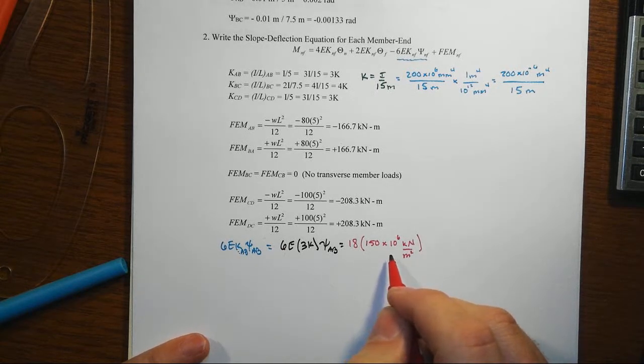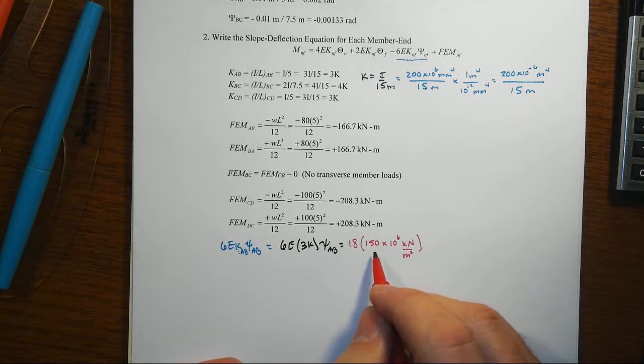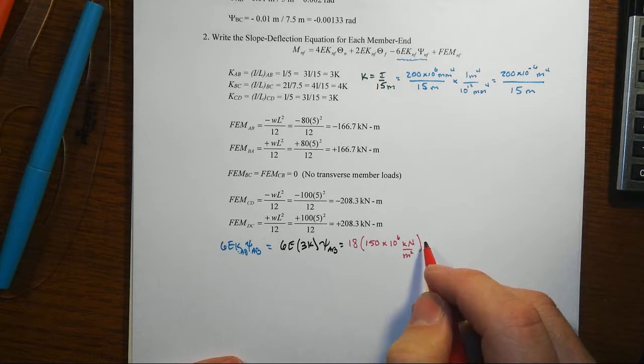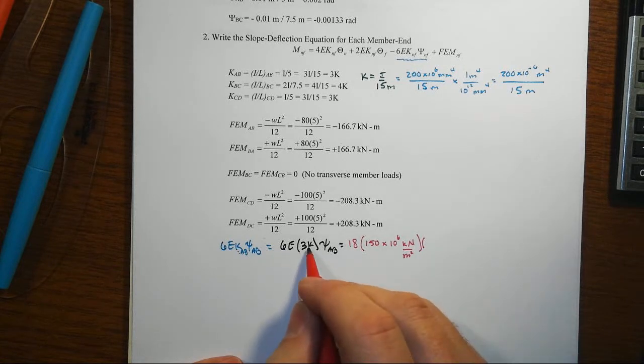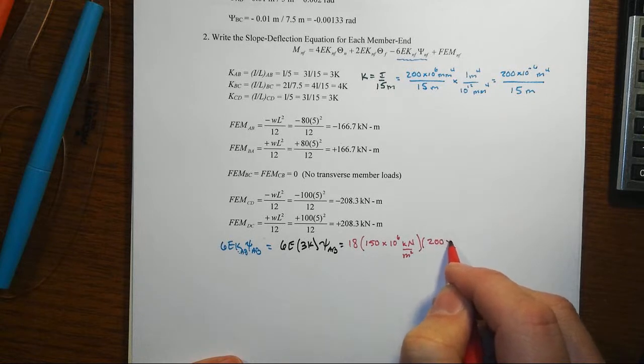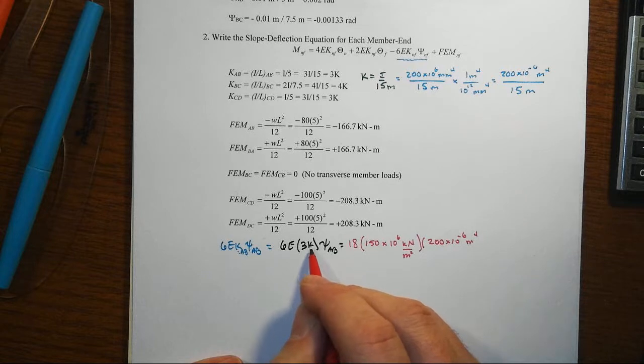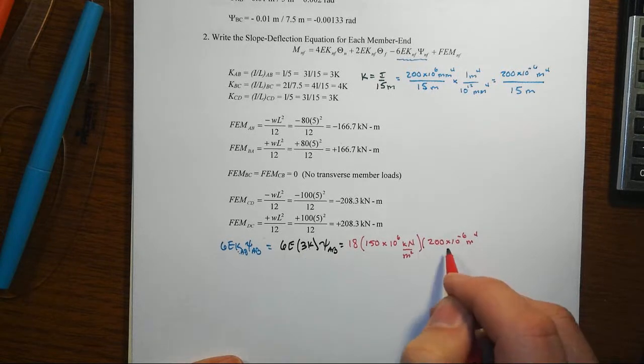You're probably going to need to work through those units to make sure you're comfortable with that. Giga is 10 to the 9th. And then we got our I value, the K of 200 times 10 to the minus 6th meters to the 4th over, this K was based upon I over 15 meters.